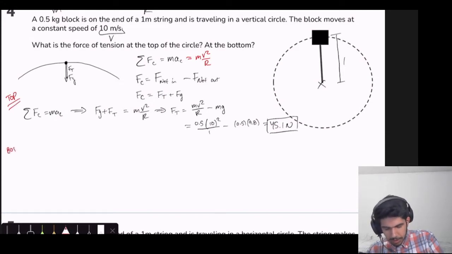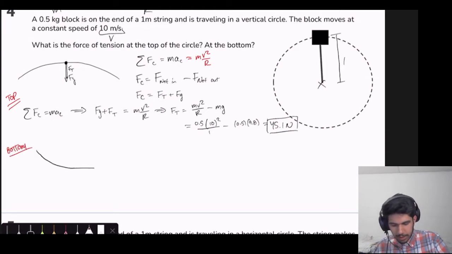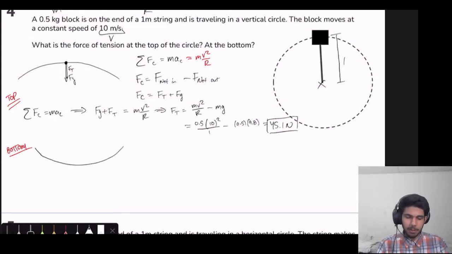So now what happens when we're at the bottom? Well, let's do a similar thing. Let's draw our free body diagram. So now the curve is flip-flopped from before because now we're analyzing this part of the circle, the very bottom here. So at the bottom of the circle, the dot is there, and, well, what are our forces?